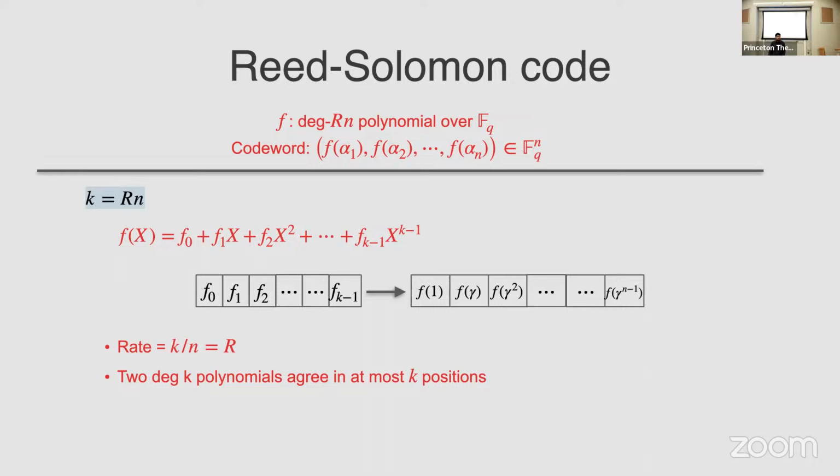This means that any two degree k polynomials must differ in at least n minus k positions, which means the distance is going to be at least n minus k over n, which is 1 minus R. So we saw that 1 minus R is the best we can do. Reed-Solomon codes give codes that achieve this trade-off.